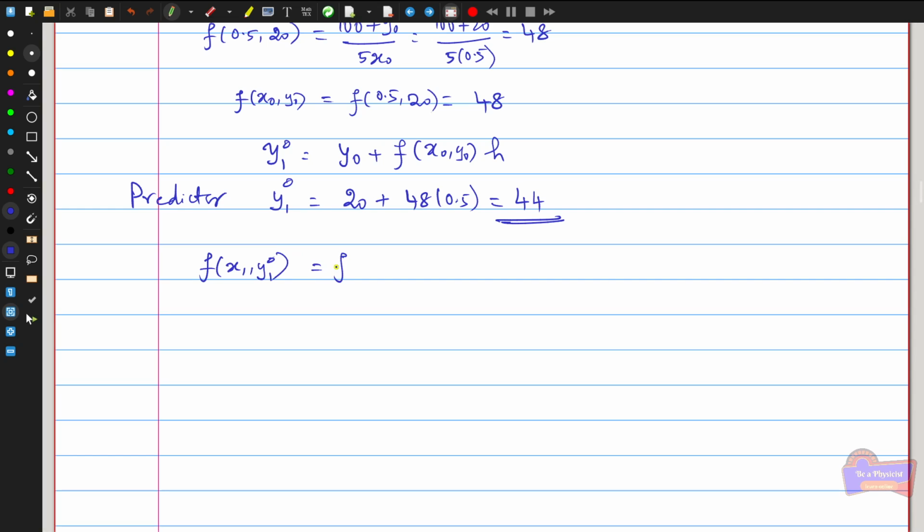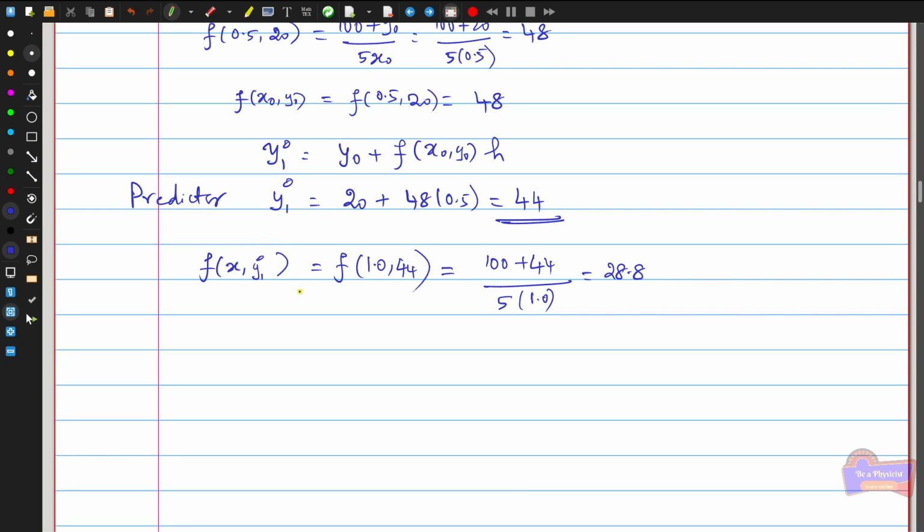This is equal to f of x1, which is 1.0, comma y1 of 0, which we have calculated as 44, which is equal to (100 plus 44) divided by 5 times x1, which is 1.0. Doing the arithmetic, you get 28.8. That is f of x1 comma y1 of 0, that is my slope.